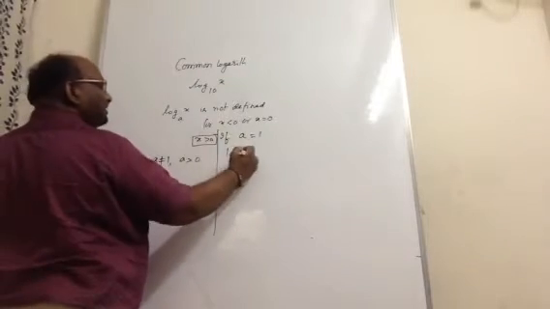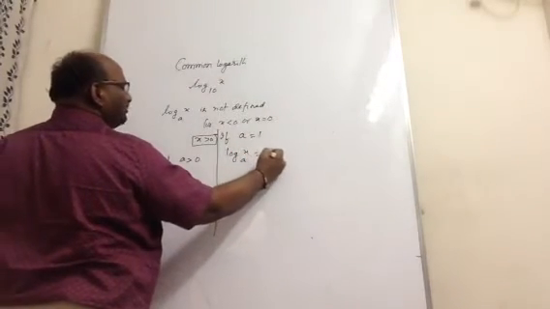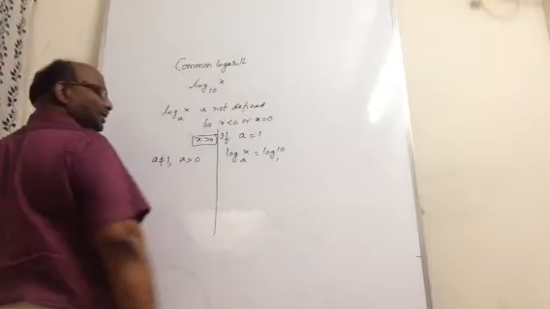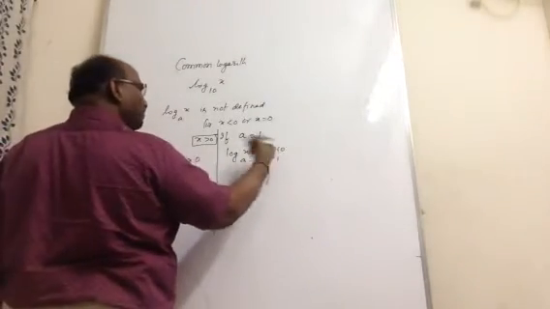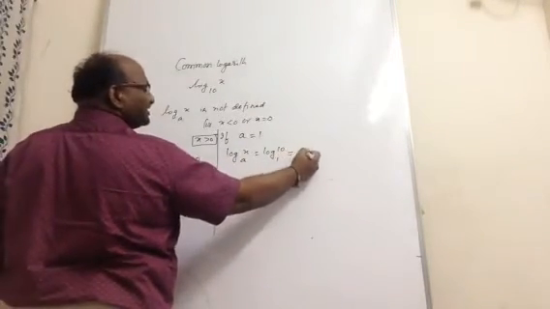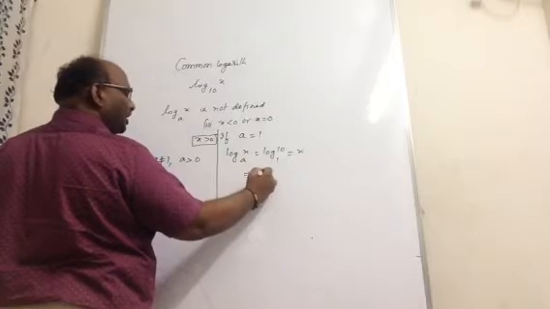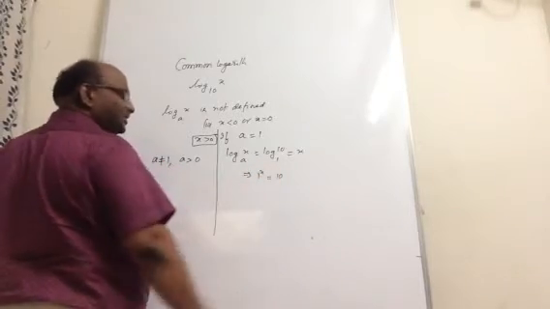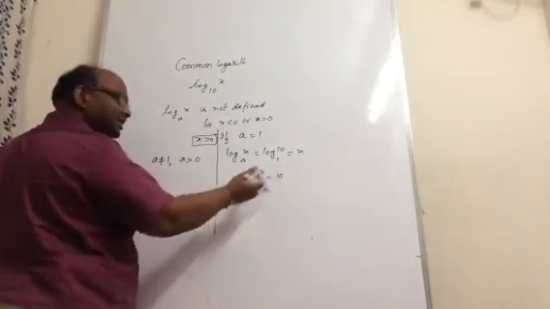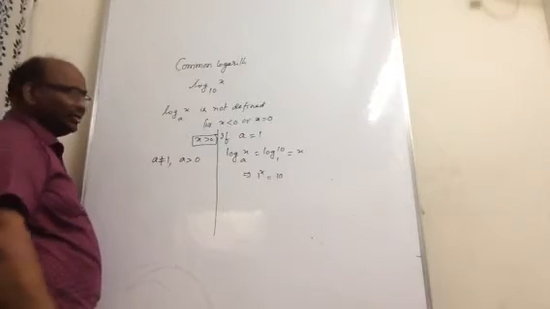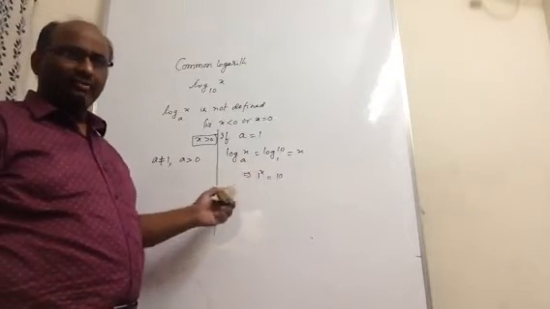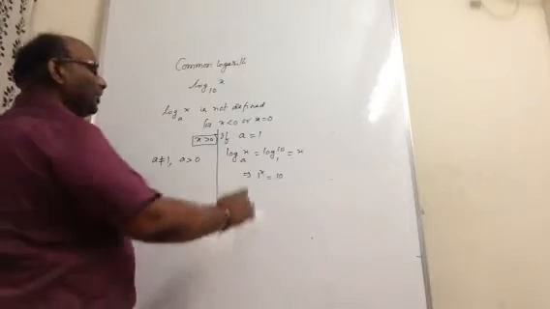Log x to the base a, let me take x as 10, base 1. Any number, need not be 10, say it is x. By the definition of logarithm, 1 power x is 10. Is there any x such that 1 power x is 10? No x, whatever x you write, 1 power x is 1. So 1 power x is never 10.